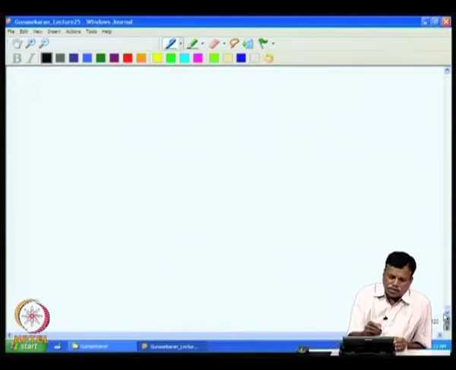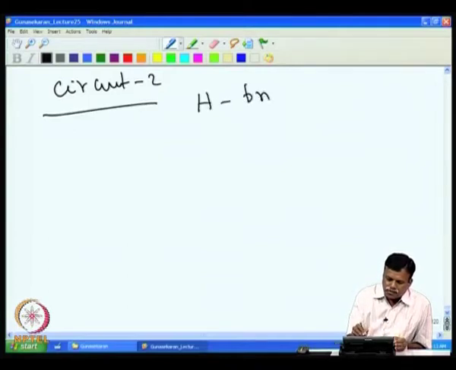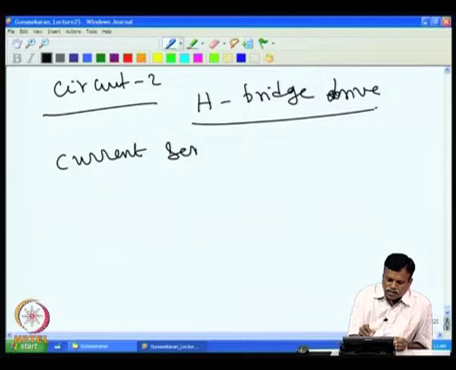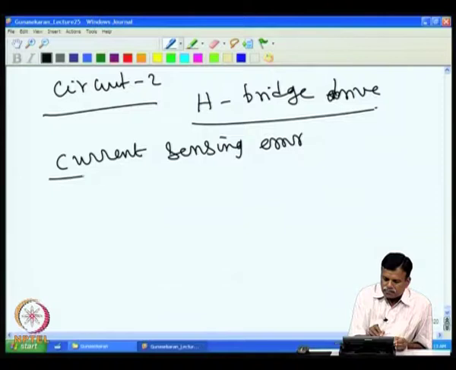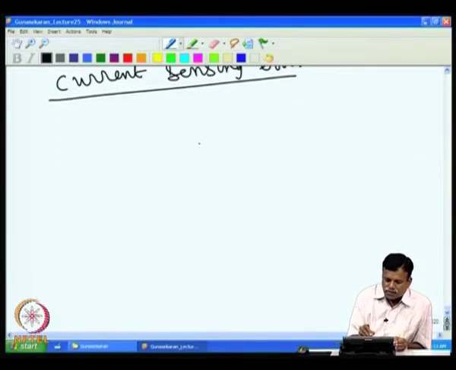We take the second circuit, the H bridge drive, and calculate the current sensing error. Assume that we have a MOSFET based H bridge.